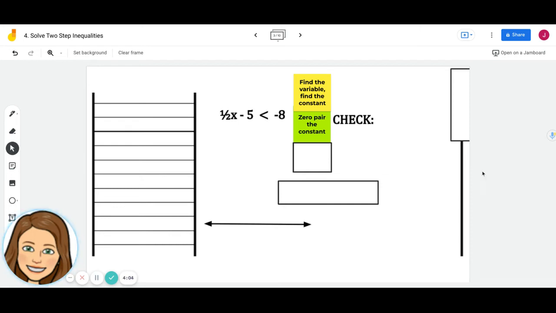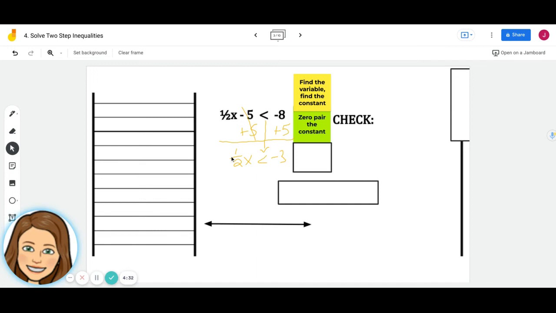Okay, so the variable is 1/2 x. The constant is negative 5. Zero pair negative 5. I'm going to do positive 5 on both sides of the symbol. Make a zero pair there. Now I have 1/2 times x is less than, that's a battle, negative 8, positive 5, so that is negative 3.